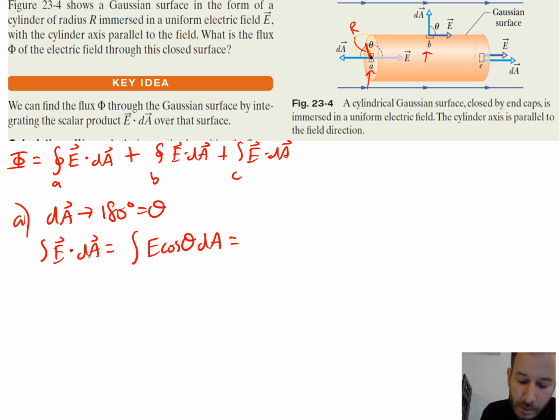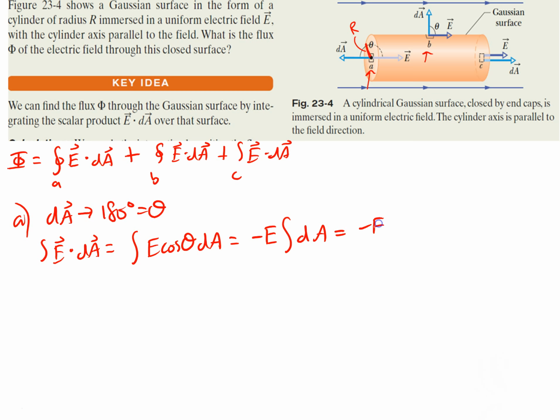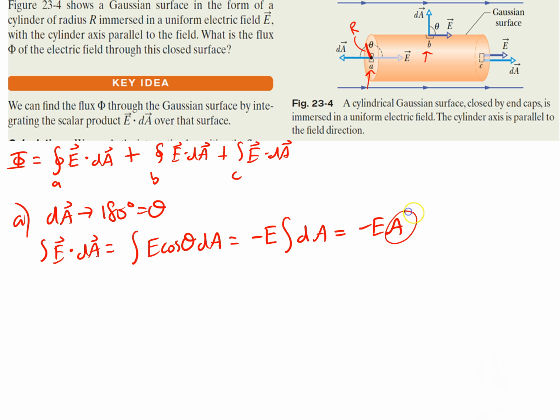It doesn't change. So we can pull the negative out and we can pull the E out of the integral. And we just have the integral of dA. Okay, well that's just going to be negative EA. And then our A is just going to be the area of our circle. So that's just pi r squared. It's pi big R squared.